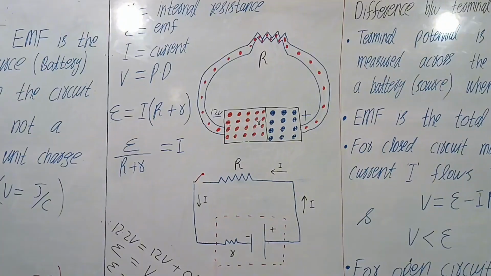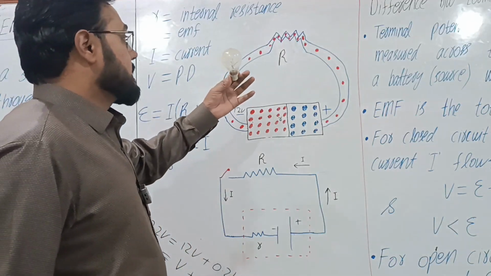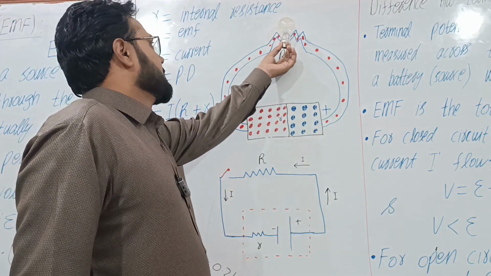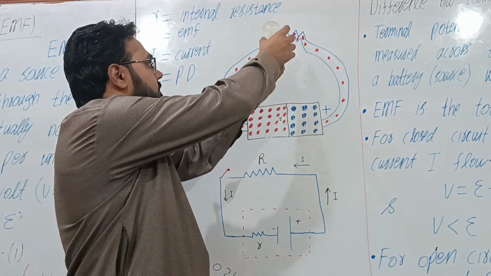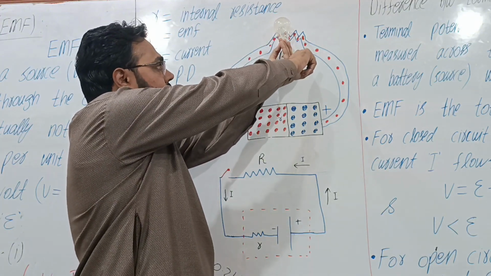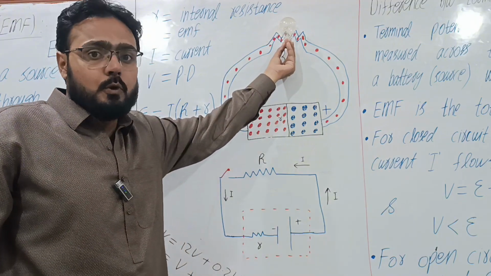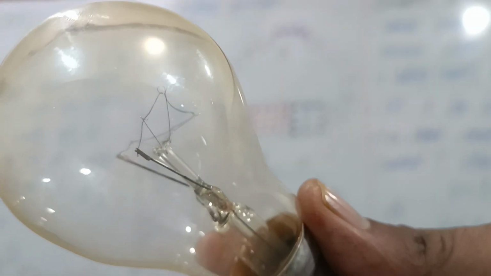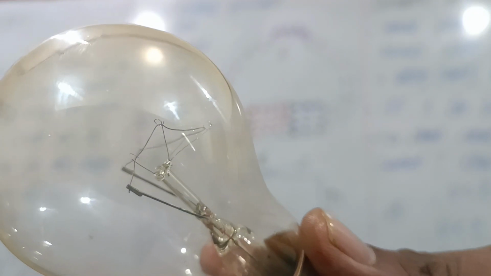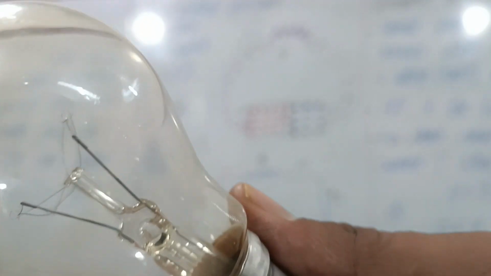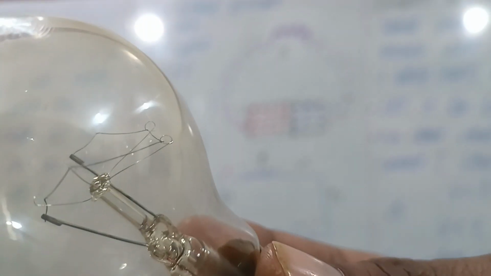Let's consider the load over here is a bulb. Then what happens when these electrons flow through this bulb and the bulb begins to glow? As you can see, there is a very thin wire inside a bulb.